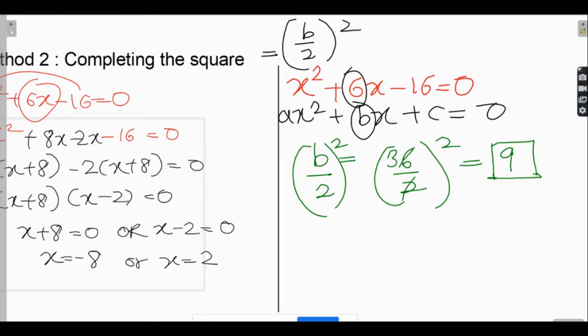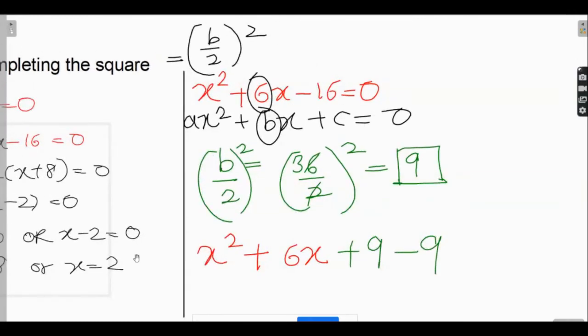Now see how I'm rewriting the question. x square plus 6x plus 9 minus 9. So plus 9 minus 9 will anyway get cancelled, so I can write it that way. Correct? And minus 16. So I have rewritten this question as this.